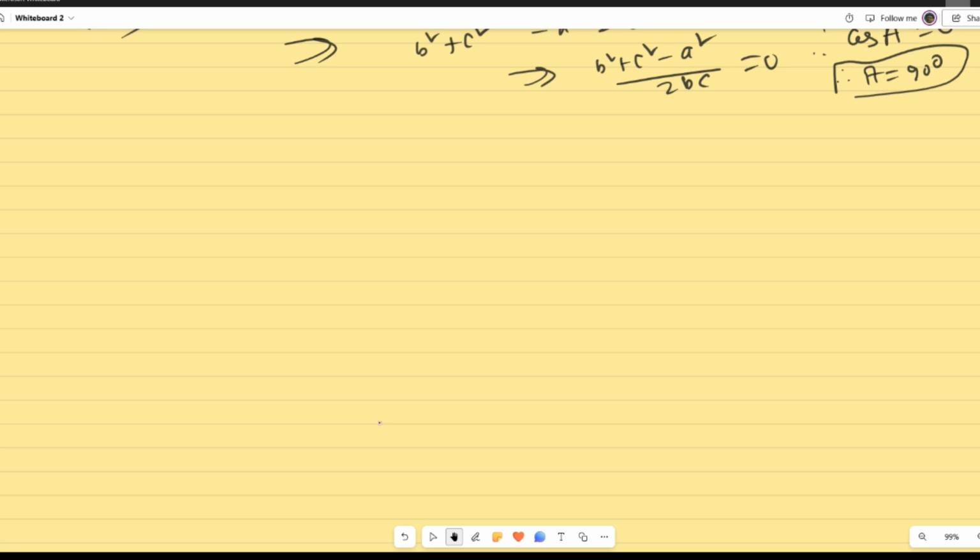Possible, very much possible. A you got, C you got 120. A is 15, the sum is not exceeding 180. So B will be the sum of these two subtracted from 180 degrees. 135 degrees subtracted from 180, that is 45.